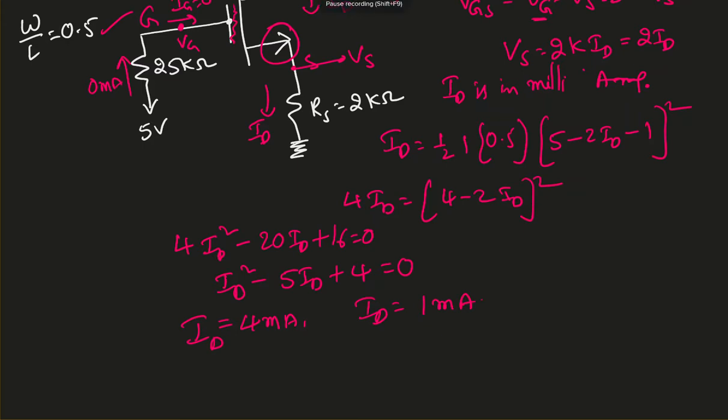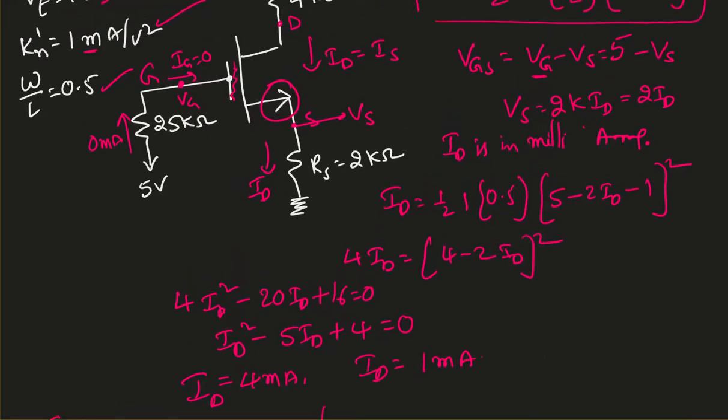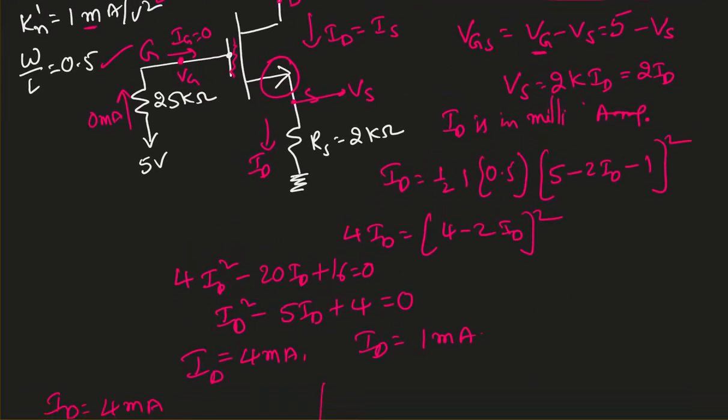So we need to find out which one is the right current. So here I'm choosing ID equal to 4 milliampere. I'm going to verify whether that current is right or wrong. So if ID equals 4 milliampere, what is VS?